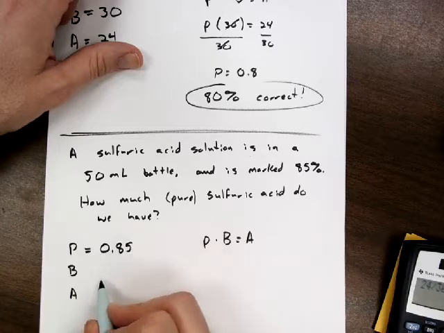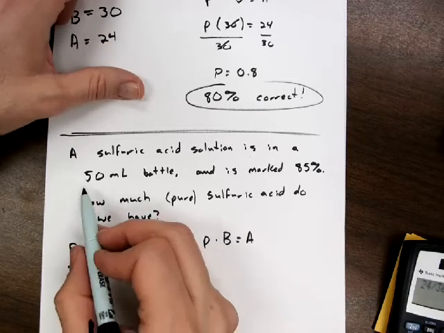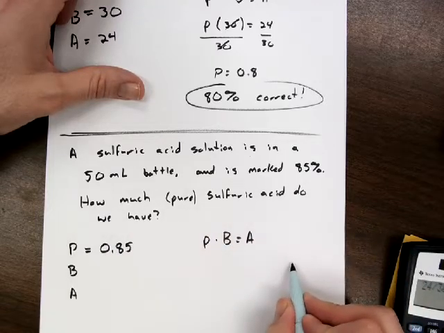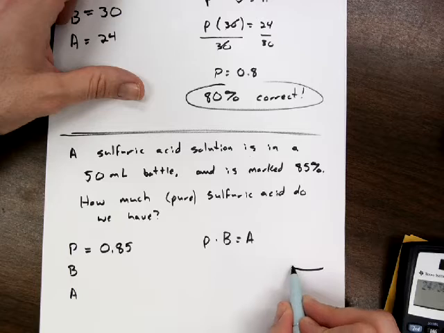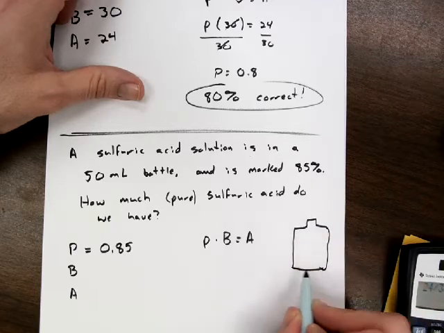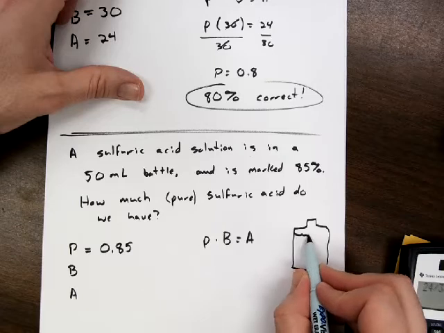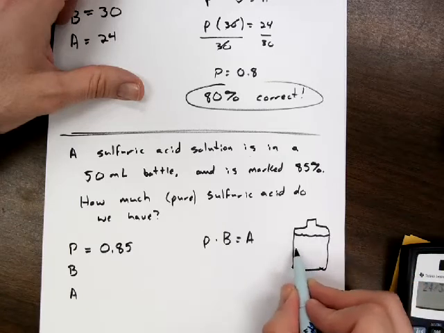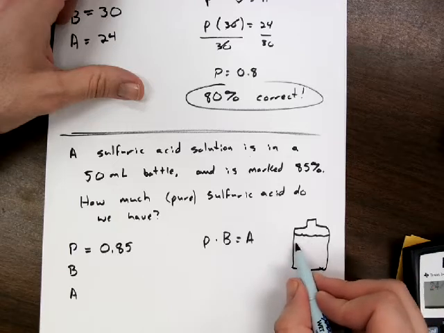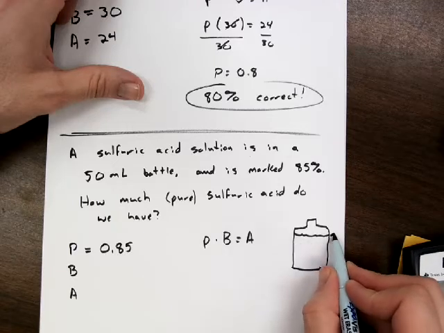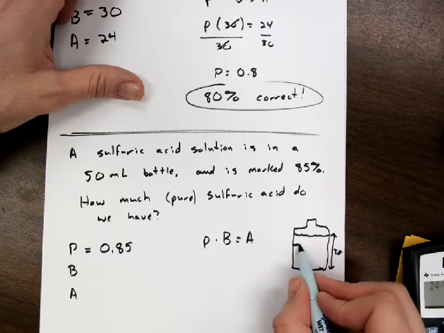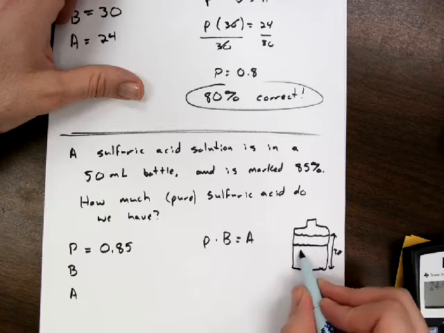0.85. Now, with this, what's happening here is, if I've got some bottle of acid, whatever this total volume is, this would be the total volume, and then I would have some portion of that which is the pure stuff.